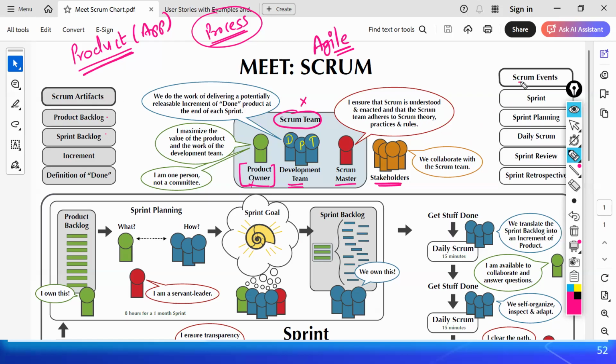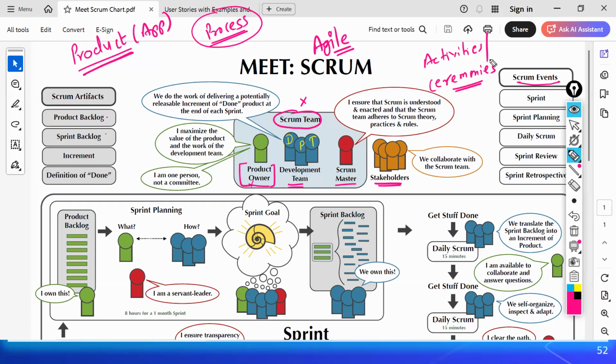Plus, something we have here is Scrum events. People also call these activities, or you might have heard the word ceremonies. This is all Scrum events.